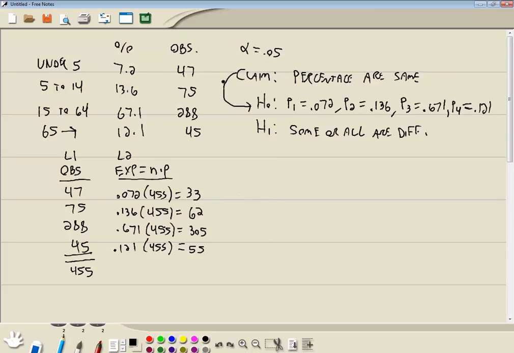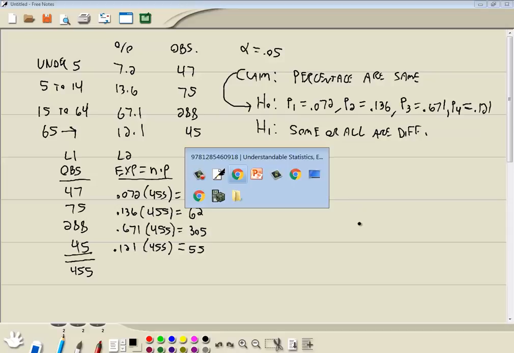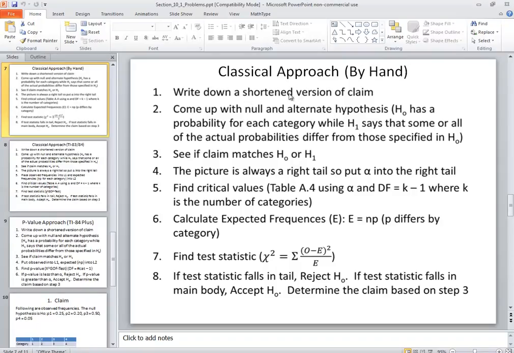Now, I already worked this problem using technology, and I've left all the information here, so we have to redo that part. Our claim is the percentage is the same. Now H naught. Step 1 was write down a shortened version of the claim, but step 2, come up with a null and alternate hypothesis. H naught has a probability for each category.